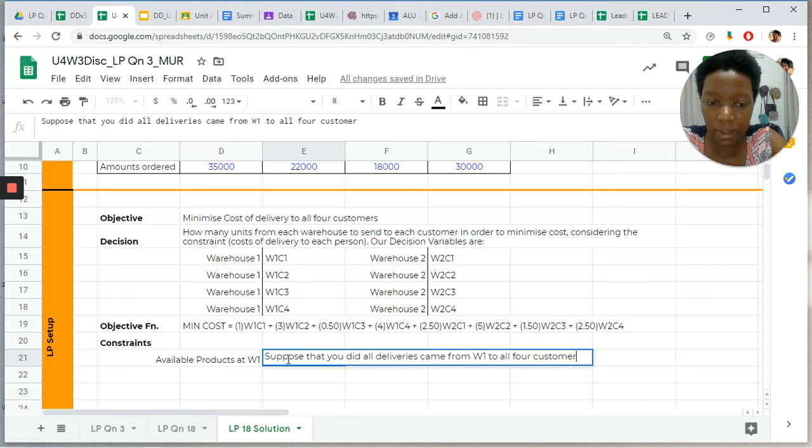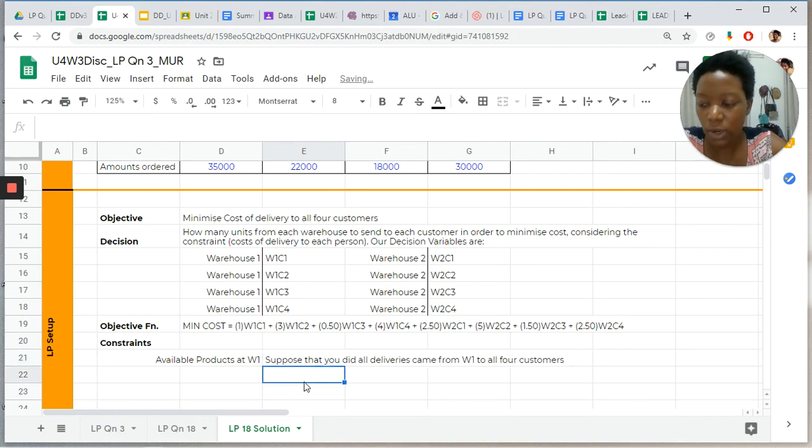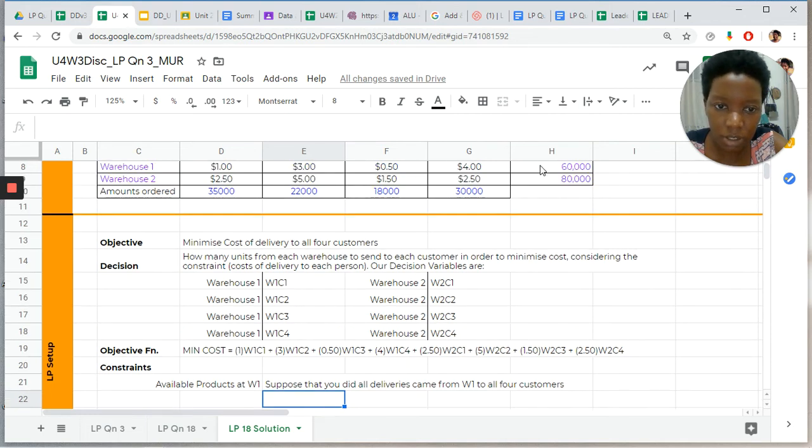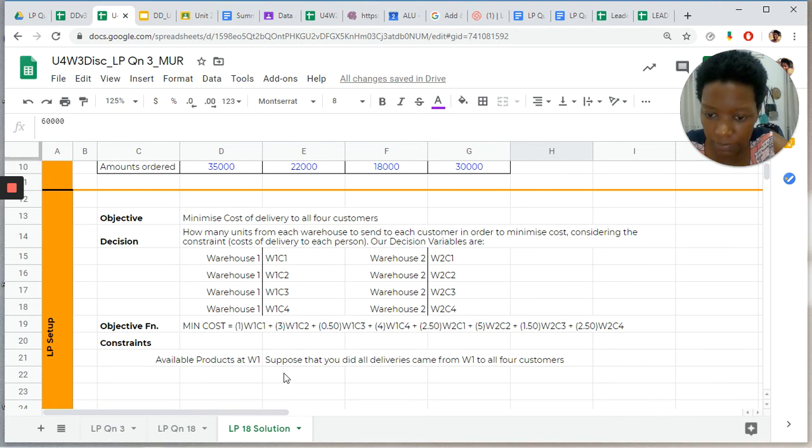It could well happen in your solution that Solver says just only do these deliveries from warehouse 1. If all of them are coming from warehouse 1, it means that each decision variable that relates to warehouse 1, the sum of all my decision variables going from warehouse 1 to the 4 customers cannot exceed 60,000. So I'm going to write that below.